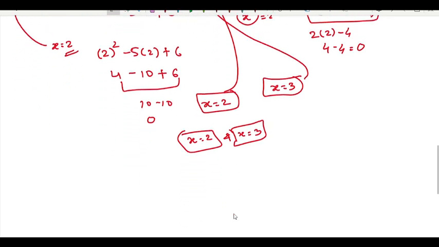Okay, now x is equal to 2 and x is equal to 3 are the roots of which equation? x square minus 5x plus 6. Now look here, what is the maximum power of the variable in this equation?